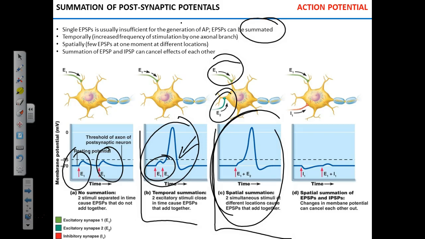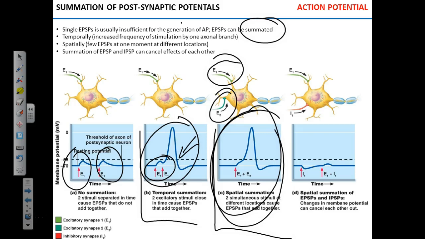Now, spatial summation is when you call your friends and you have like 10 people pushing the car out of the snow. They all do it at the same time at different places, but at the same time. That's spatial summation.